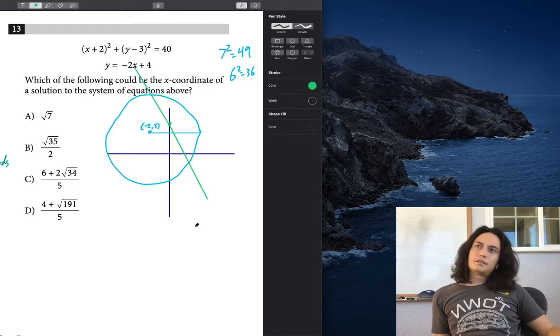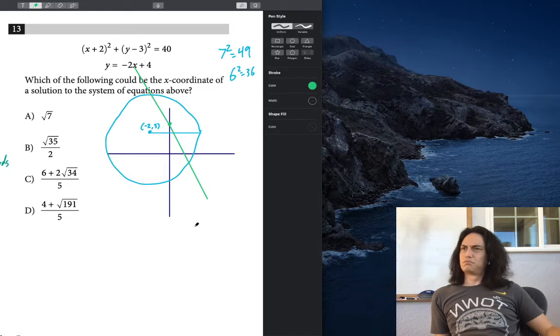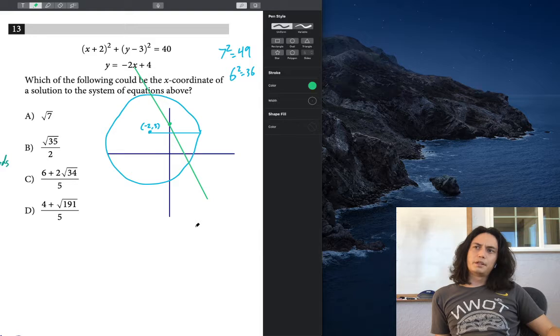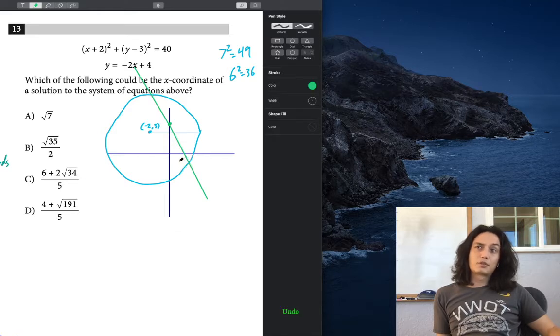I think this turns out not really to help us at all. It's not going to tell the difference between any of these. We're looking for this point, and the x coordinate of this point, this x comma y, and this graph isn't going to help us tell the difference between these.